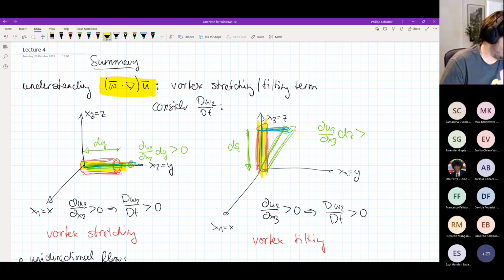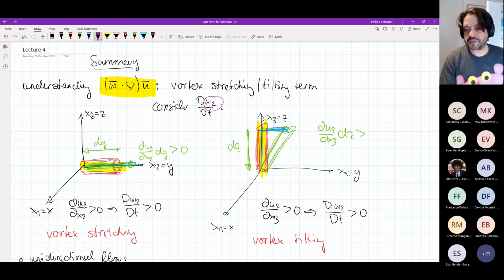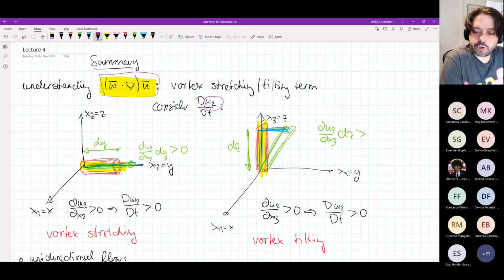And then we tried to understand what this term actually does, and we came up with this explanation that I have here on the screen, namely that if we look at the transport equation of omega 2, we have three terms encapsulated in this one here, and the middle one, which we to some extent can consider to be the diagonal term, corresponds to what we would call vortex stretching.